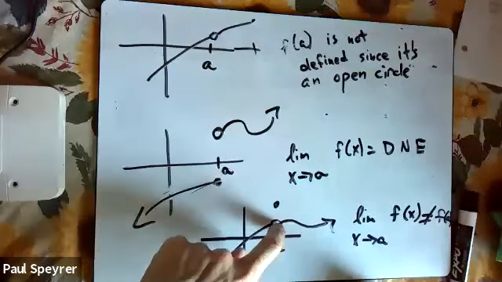So from the graph, A: state the numbers at which f is discontinuous and explain why.